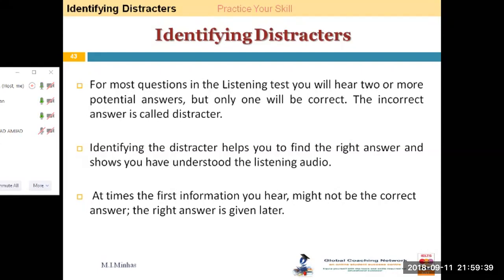Now in this there are certain other warnings and points that you should keep in your mind. For example, sometimes the first option which is given to you is not the correct option. Sometimes the first correct option that may sound correct may not be the correct option.